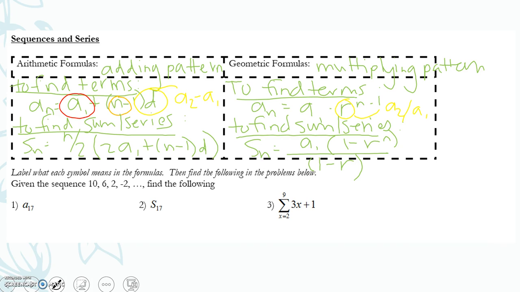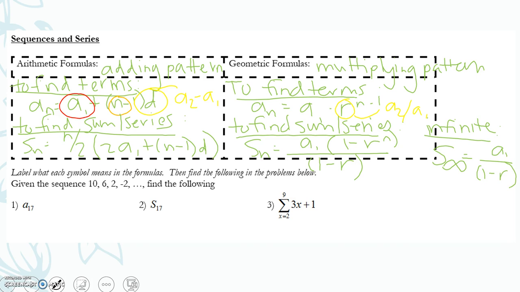The last formula you need to know is infinite series. So if it says the word infinite in your directions, then you're going to use the S with the infinity sign, and it's the first term over, in parentheses, 1 minus the ratio.